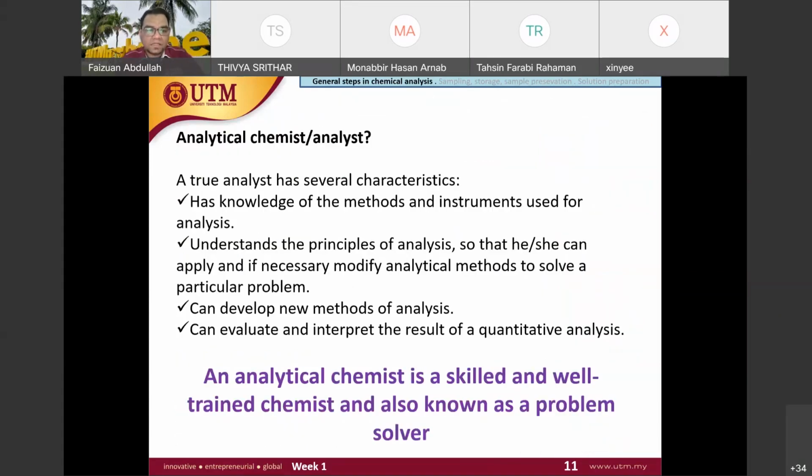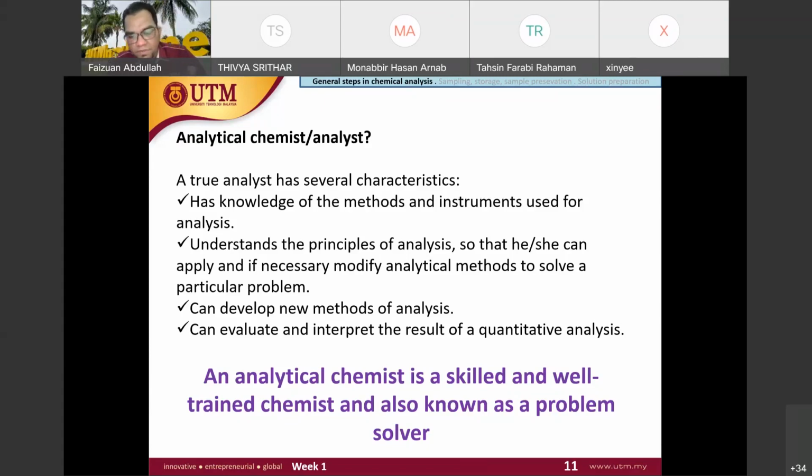So as an analytical chemist or analyst, a true analyst has several characteristics. They have knowledge of the methods and instruments used for analysis, and understand the principle of analysis so that he or she can apply and, if necessary, modify analytical methods to solve a particular problem, and can develop new methods. If the analyte is a new one that has not previously been discovered by others, the analytical chemist needs to develop new methods to analyze it.